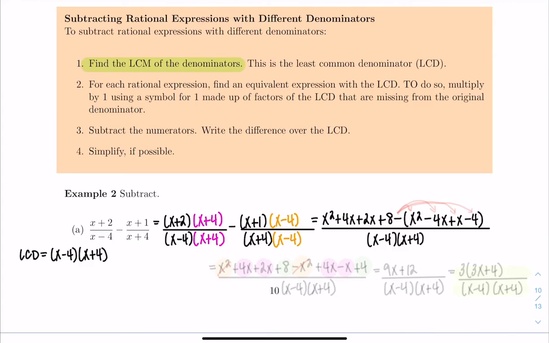And so we need to distribute this negative to all the pieces in the parentheses. So the first part's going to stay the same.